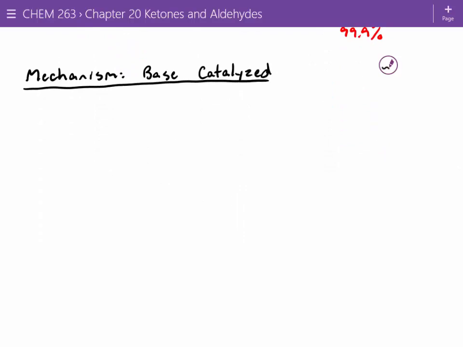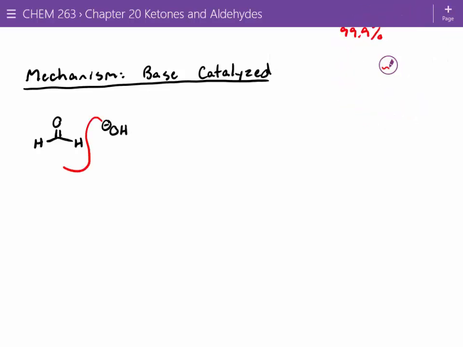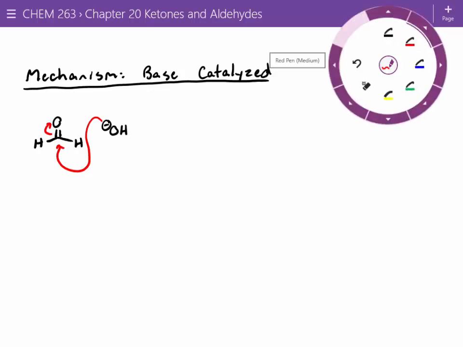All right, so let's say we have our generic aldehyde. In this case, we'll use formaldehyde. And then we've got hydroxide. We know that hydroxide can be a nucleophile, attack our electrophilic carbon, dump electrons up to that oxygen.